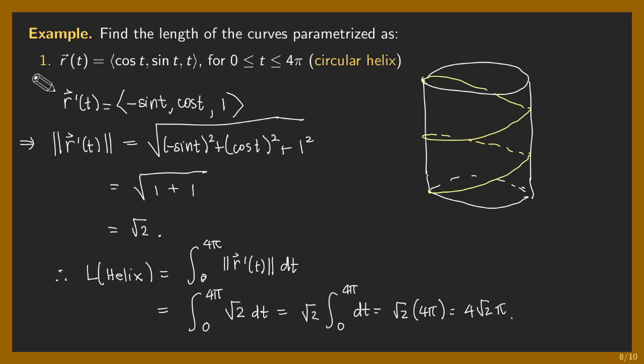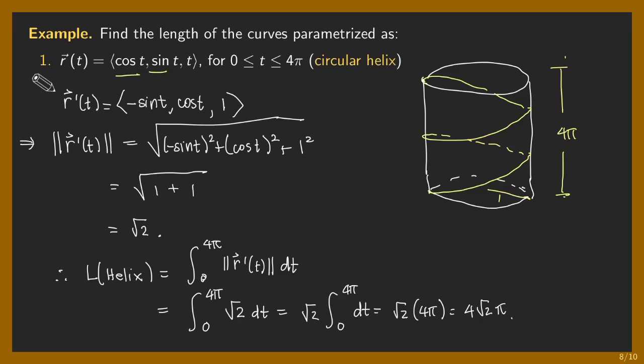Like so. This height is 4 pi because the z coordinate goes from 0 to 4 pi. Now the radius of the circle is 1 unit because this parametrization is the parametrization for the unit circle.